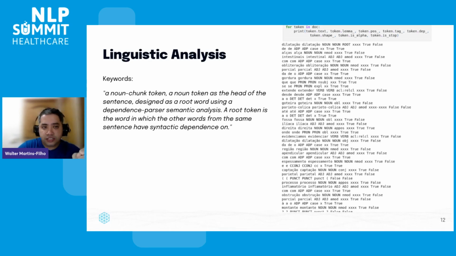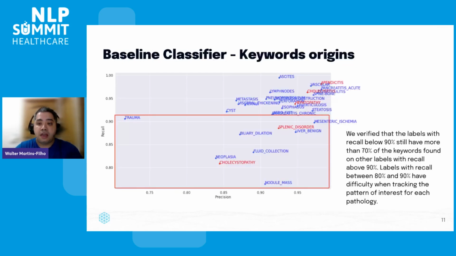And when we think about this keyword and connect it with that intersection between labels, we see that some classes with 92% or better recall or F1 score have this condition, while the labels with recall between 80 and 90 have difficulty tracking this pattern, because they have this 70% of keywords found in other labels.